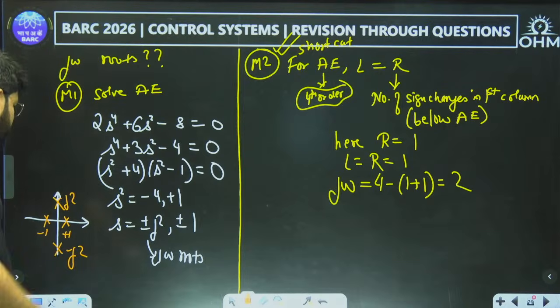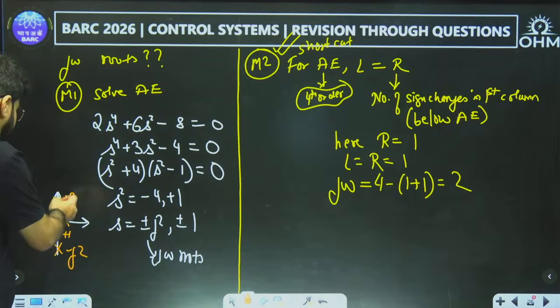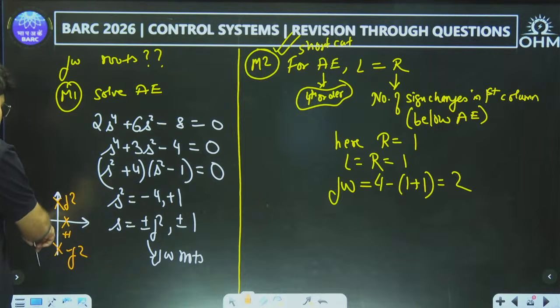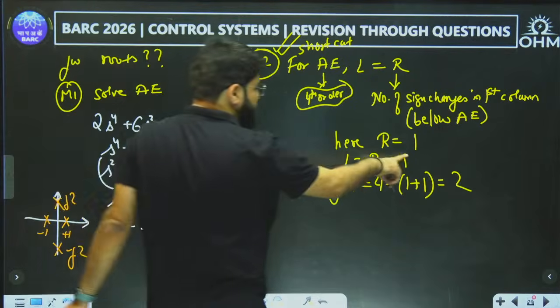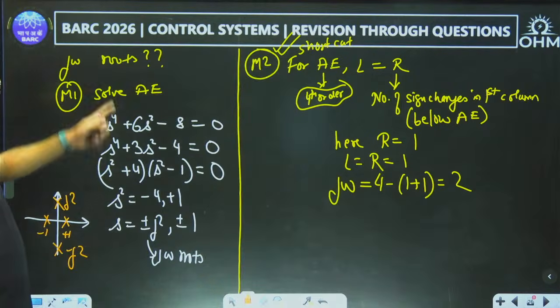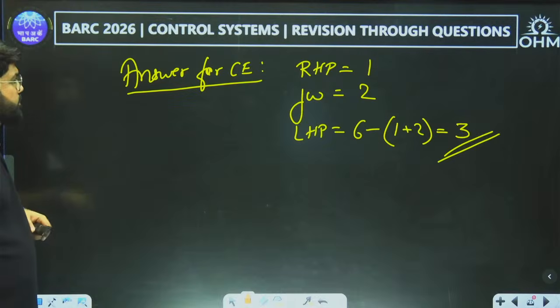So that is a pair of imaginary roots, one LHP, one RHP, and two on the j omega axis. That we are directly able to find without solving the auxiliary equation.